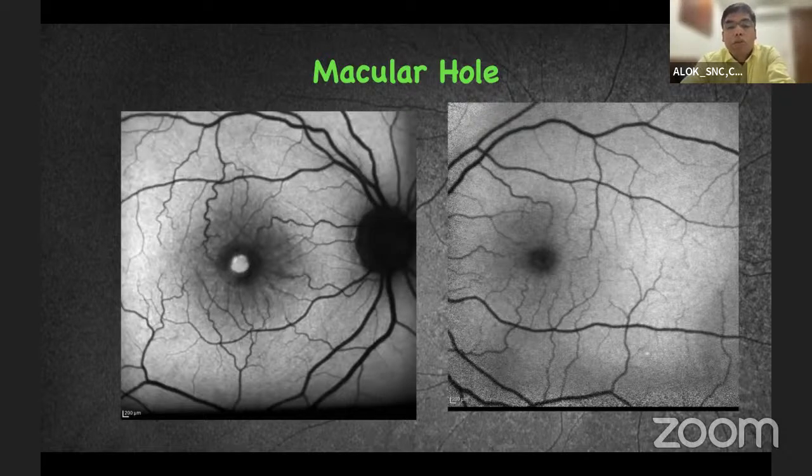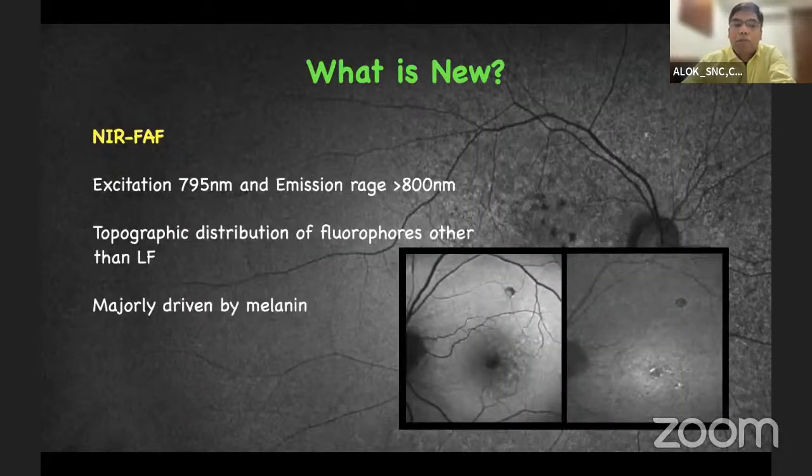And what you can also see on fundus autofluorescence is the redistribution of the foveal pigments because of the cystoid macular edema, and you can see those dark striations around the macular hole. The left eye appears to have a normal fundus autofluorescence.